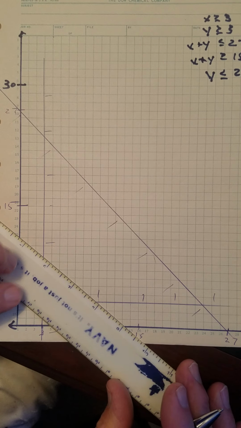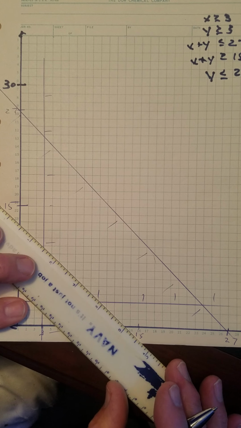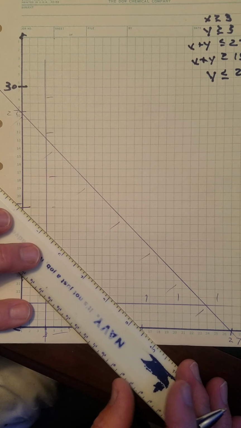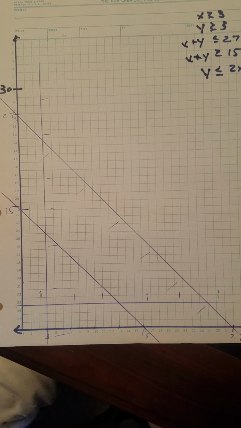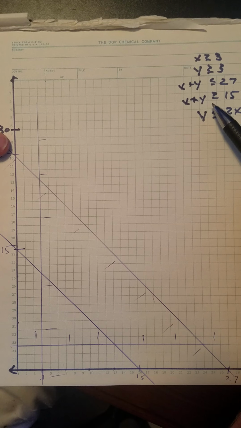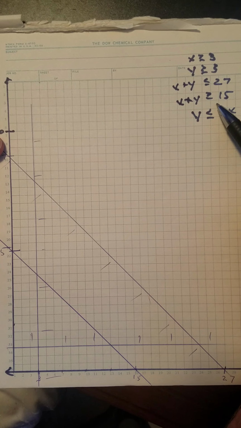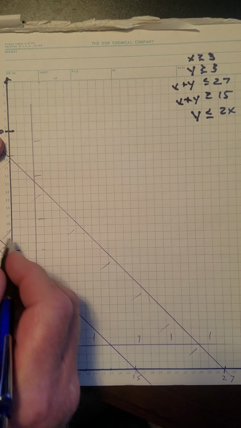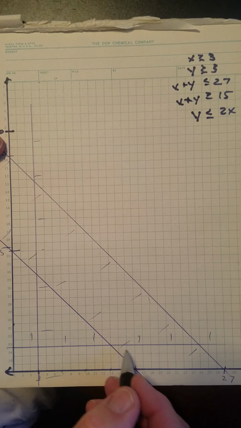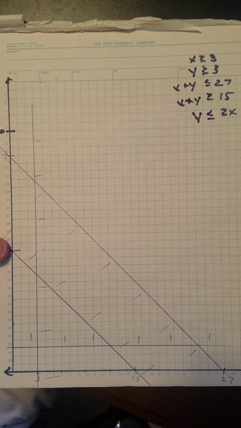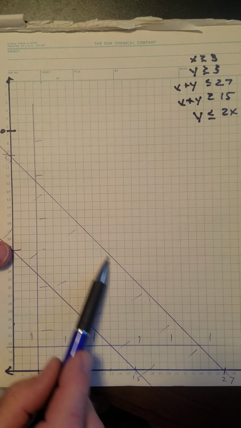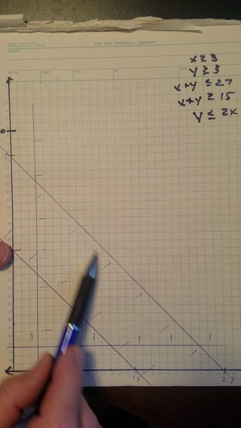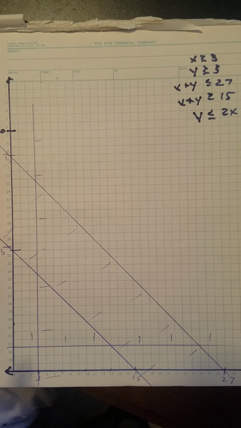So I'm going to draw my line. And going back up here, this is greater than. Notice that was less than, that was greater than. So that means I've got everything up in this region. So now when you look at it, I've got a little polygonal area, feasibility region, if you want to call it, right in here. But I still have one more to do.